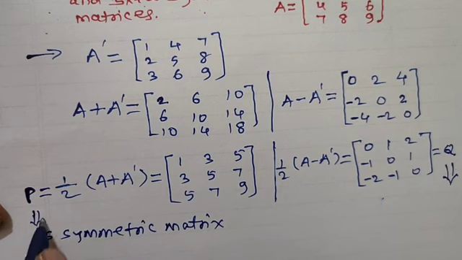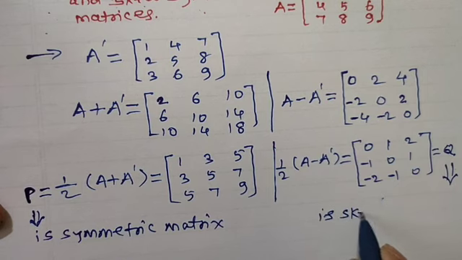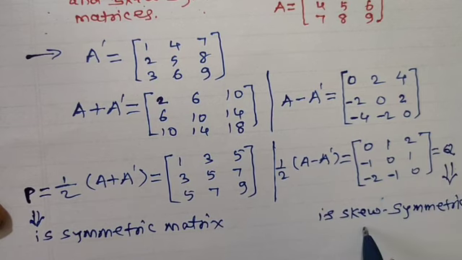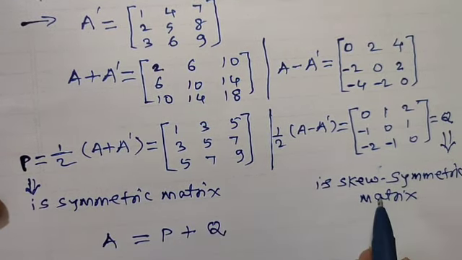So Q is a skew symmetric matrix. Hence, A can be expressed as A is equal to P plus Q, where P is a symmetric matrix and Q is a skew symmetric matrix.